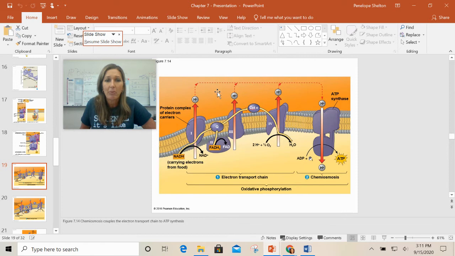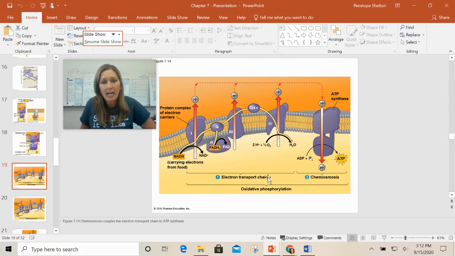So, kind of like a hydroelectric dam, I build up a high concentration behind this wall of protons. I end up having an incredibly high concentration of protons back here. That's the purpose of the electron transport chain. This flow of electrons powers proton pumps that generate this high proton concentration in the intermembrane space.